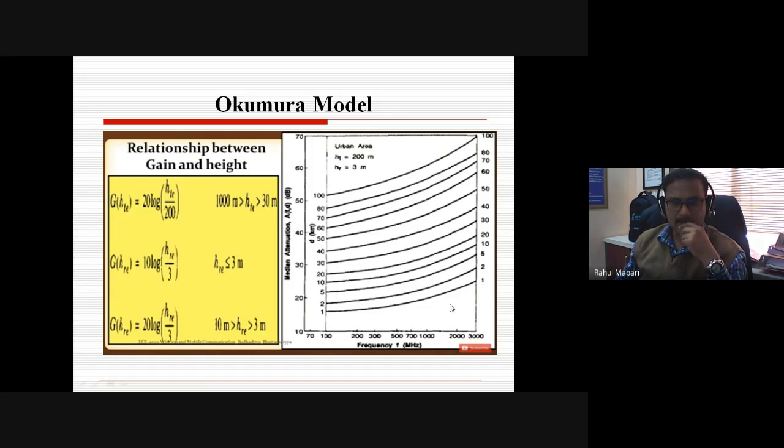Now, the question in your mind may be, if the distance is 41 kilometer, 42 kilometer, 43 kilometer, then likewise you have to draw the graph this way.